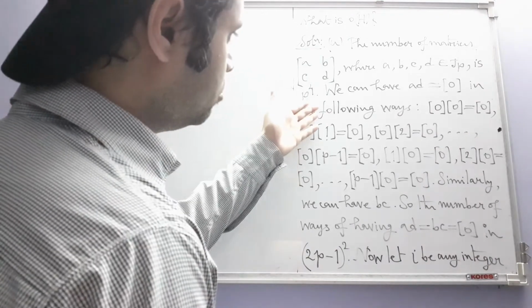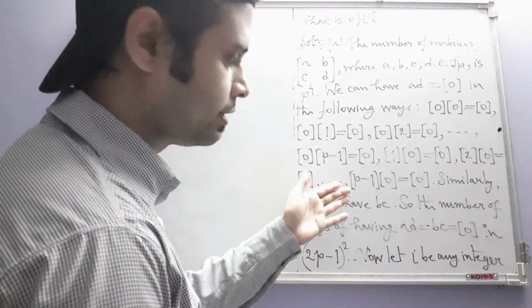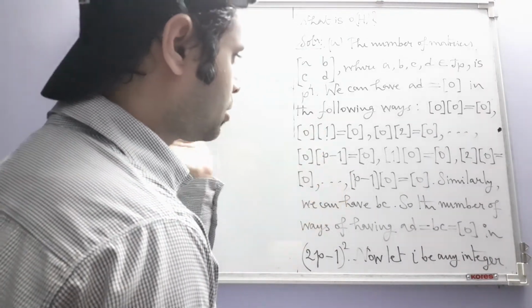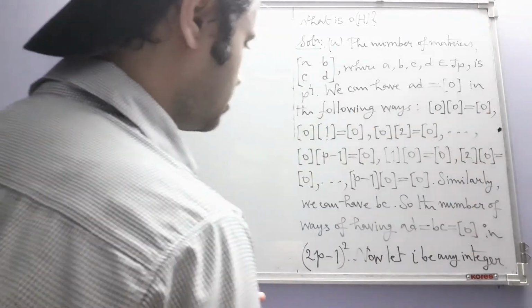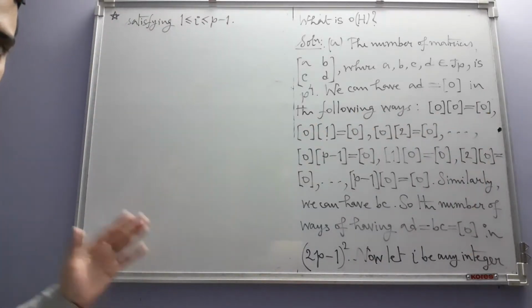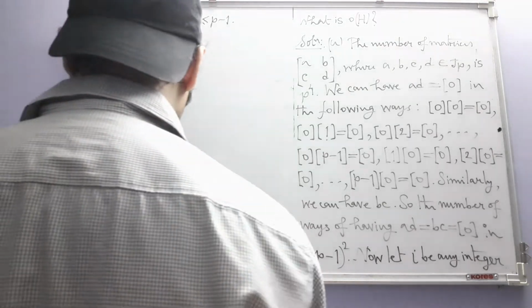Now we do a calculation like this, however not by listing the possibilities. We consider the equation AB equal to I, congruence class I.